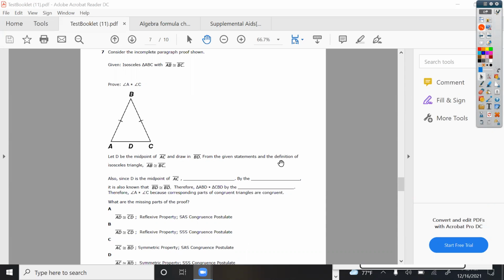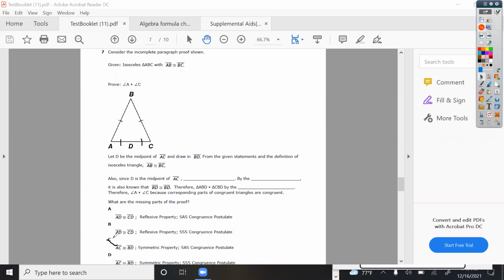From the given statement and the definition of isosceles triangle, AB is congruent to BC. Also, since D is the midpoint of AC, then blank. So by the definition, since D is the midpoint, we know that AD and DC are going to be congruent. Doesn't matter the way you write it.